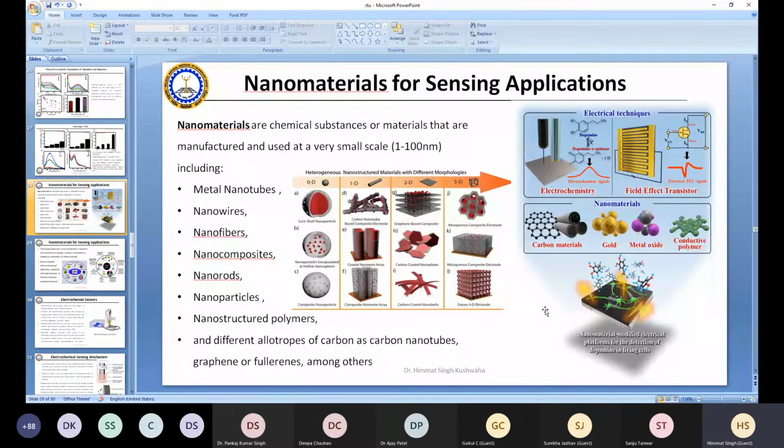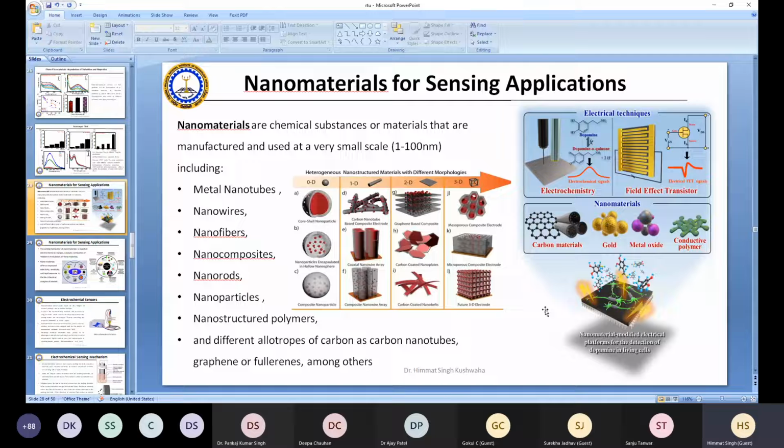Another potential application of these nanomaterials, which we can also call an environmental application, is sensing. These nanomaterials can be used as electrochemical sensors and field effect transistor (FET) sensors.